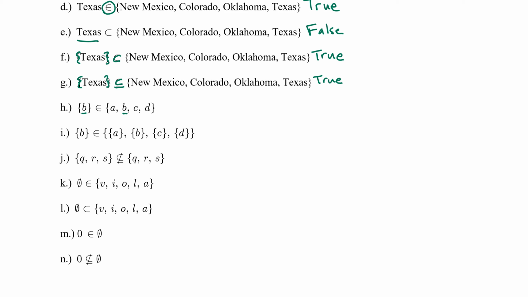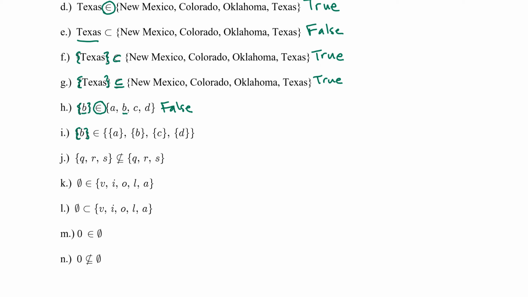I see there is some relationship, but this is expressing element set membership, right? The set B is not an element of the set A, B, C, D because the structure I have on the left here is a set, not an element. So that is false.